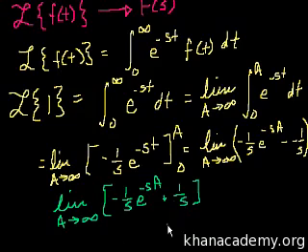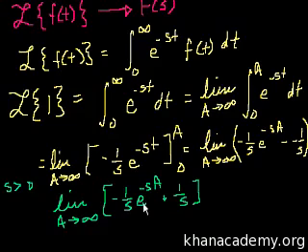So what's the limit as a approaches infinity? Well, what's this term going to do? As a approaches infinity, the exponent is going to get, if we assume that s is greater than 0, and we'll make that assumption for now. Actually, let me write that down explicitly. Let's assume that s is greater than 0.